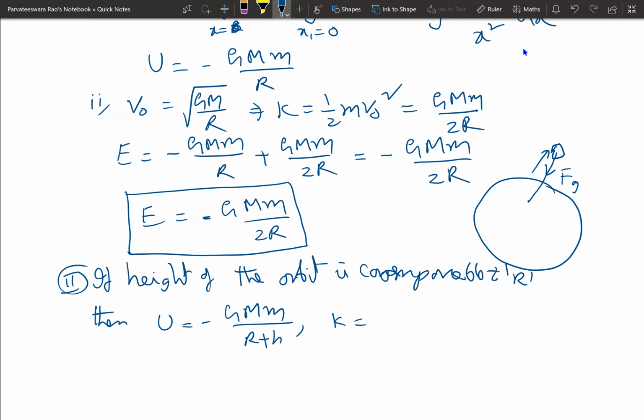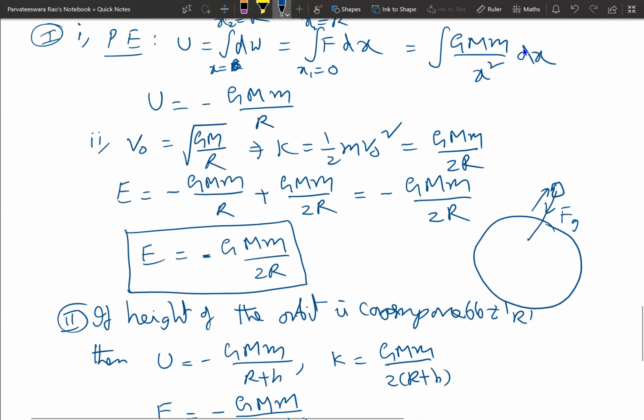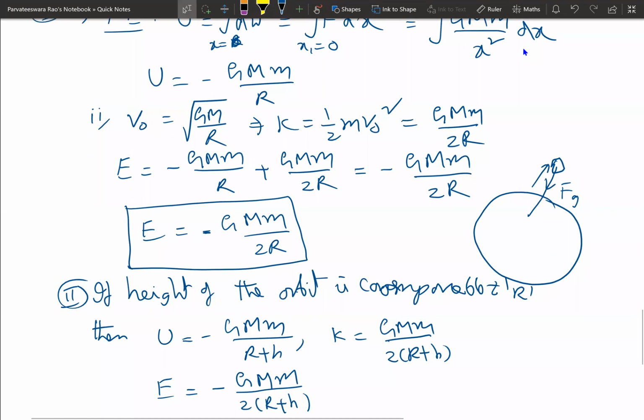Kinetic energy will become g capital M small m by 2 into r plus h, and the total energy will become g capital M small m by 2 into r plus h. This is for the orbit whose altitude is comparable to the Earth's radius.